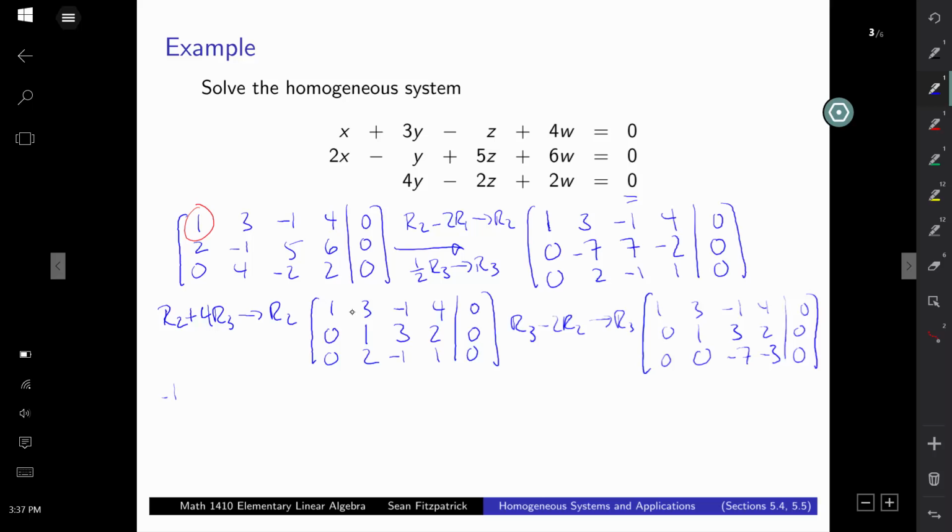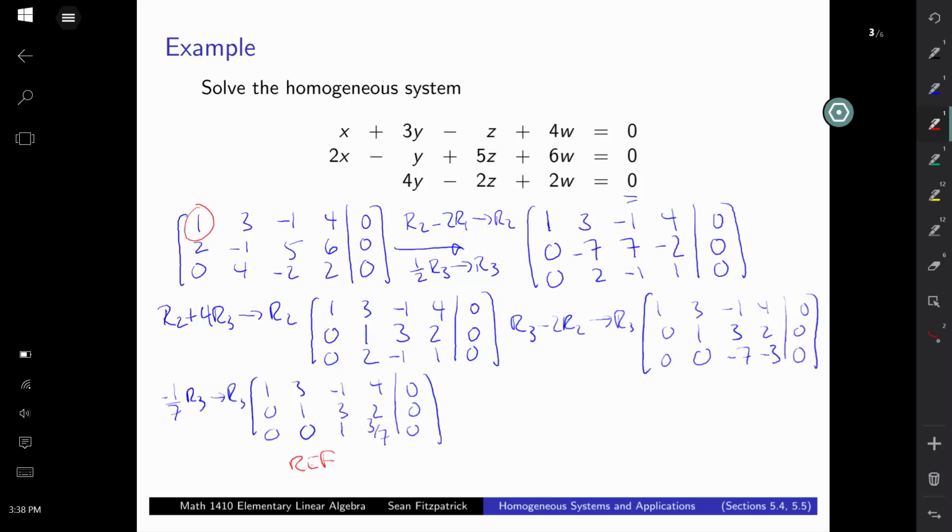We got to do -1 over 7 row 3. Make that my new row 3. 1, 3, -1, 4, 0, 0, 1, 3, 2, 0, 0, 0, 1, 3 over 7, and 0.